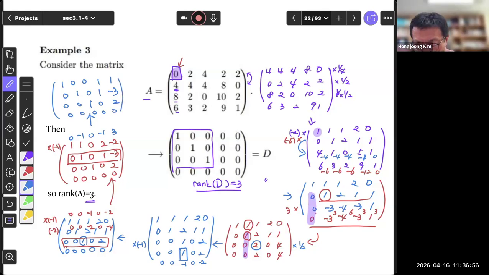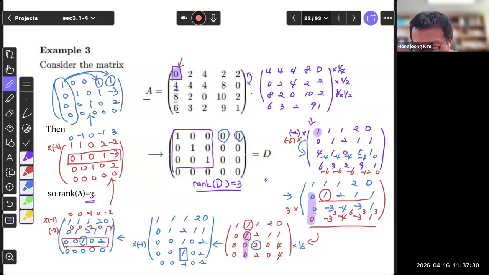Now, if I perform the column operation, when I multiply negative 1 to the first column and then add it to the fourth column, this 1 will become 0. When I multiply negative 1 to the first column and then add it to the fifth column, this 1 will become 0 as well.